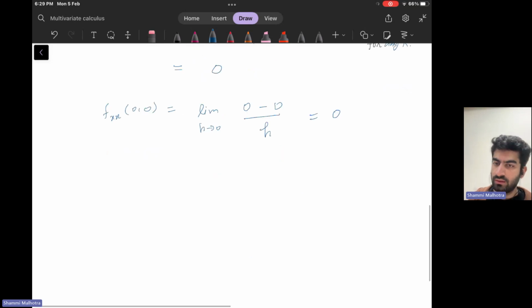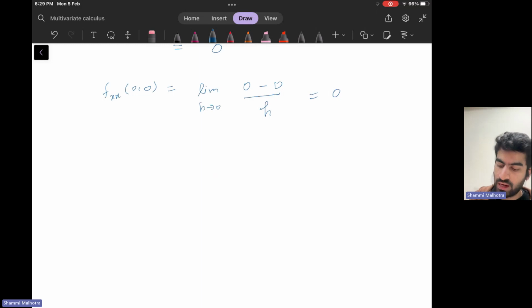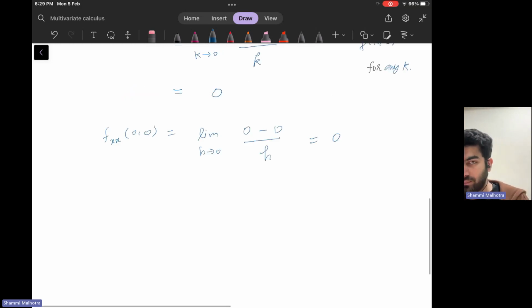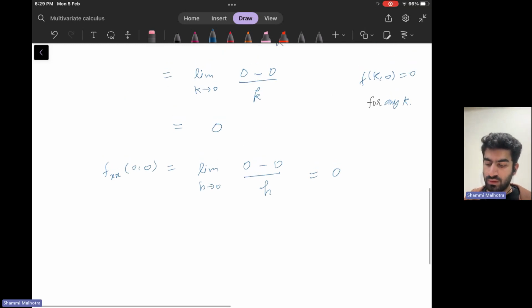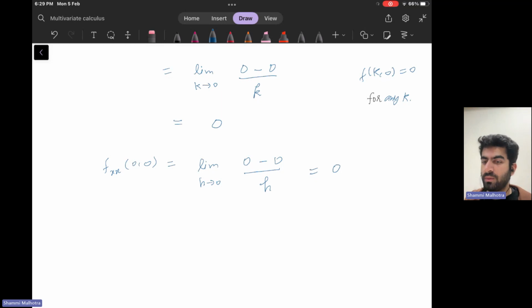So the second order partial derivative with respect to x at (0, 0) turns out to be 0 only. To calculate this, we just employed the definition, and after that it is mere calculation only. That's how you calculate the second order partial derivative with respect to x.